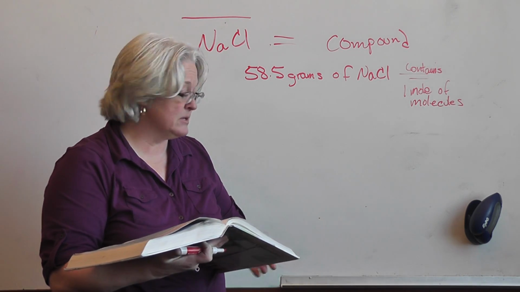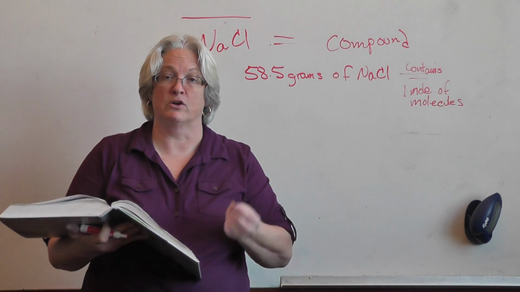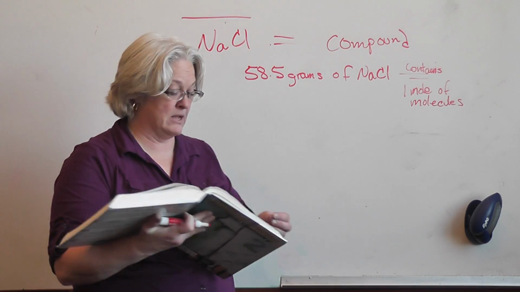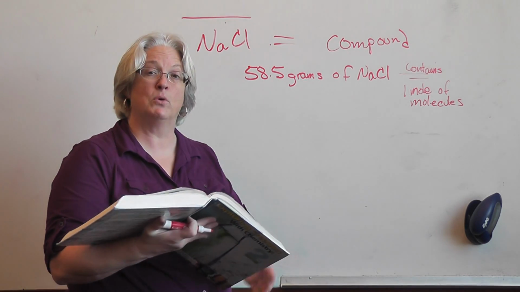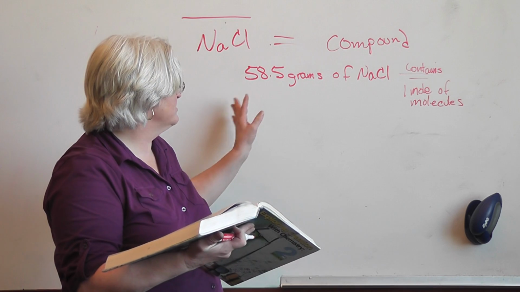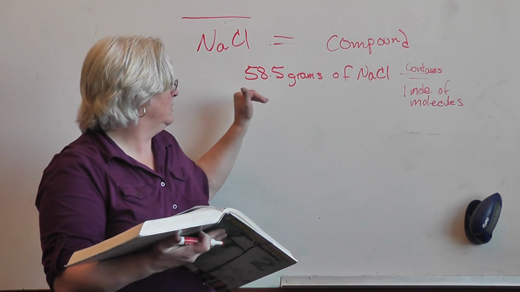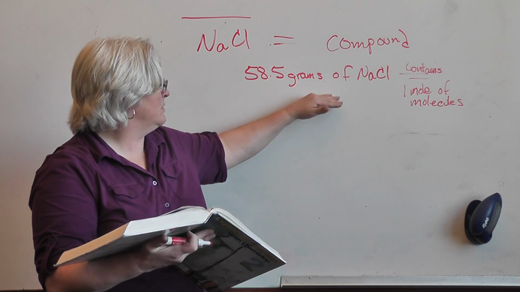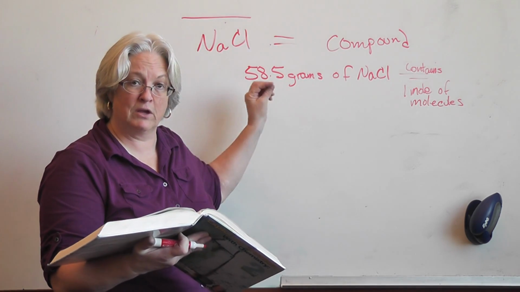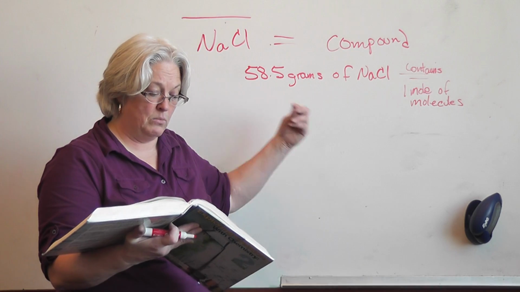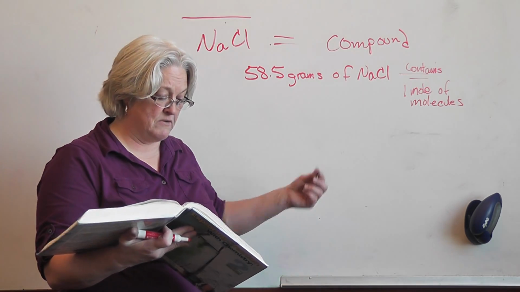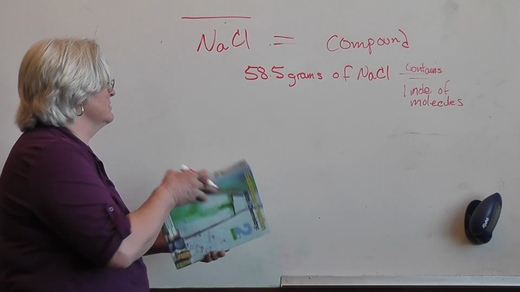Now what does our question ask us? We want to limit our sodium chloride intake to 5.00 grams per day. How many moles of that? Well, 1 mole of sodium chloride is 58.5 grams, but we don't care about 58.5. We want to know how much 5 grams of sodium chloride is.